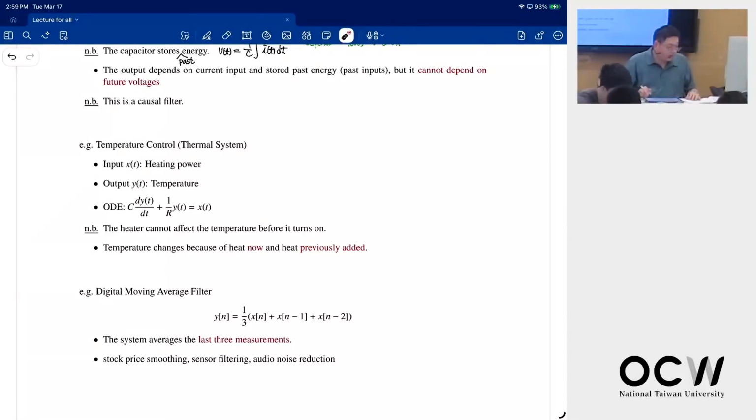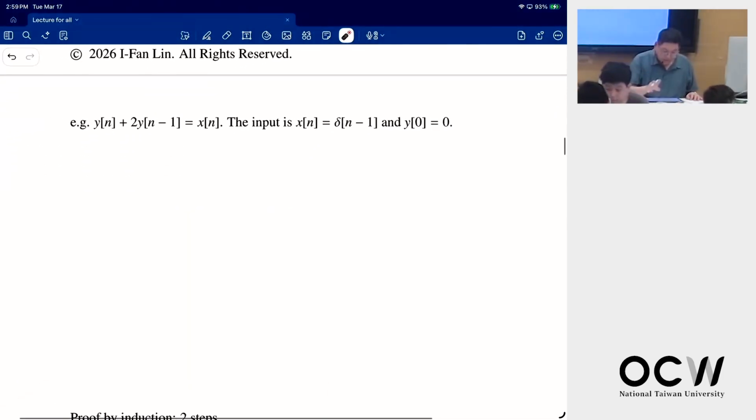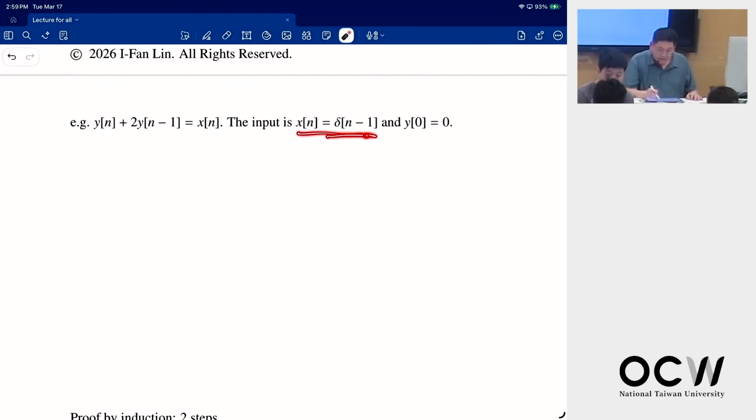All right, so let's see another example for discrete time. I have a system. Input is the shifted delta function, and the initial condition.